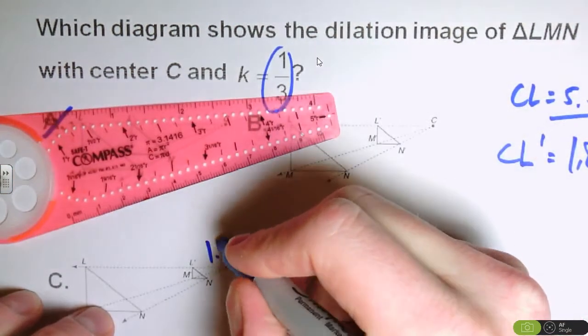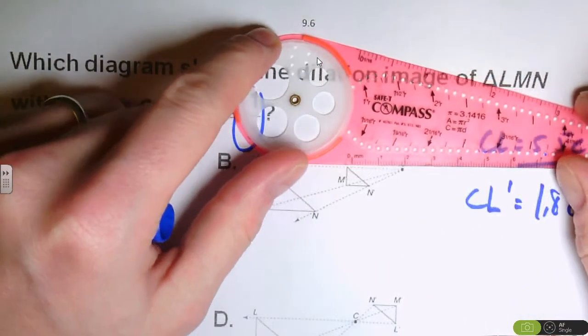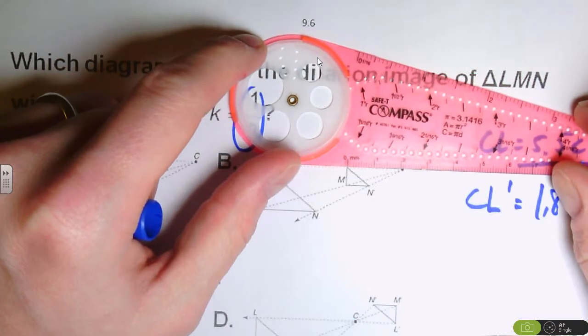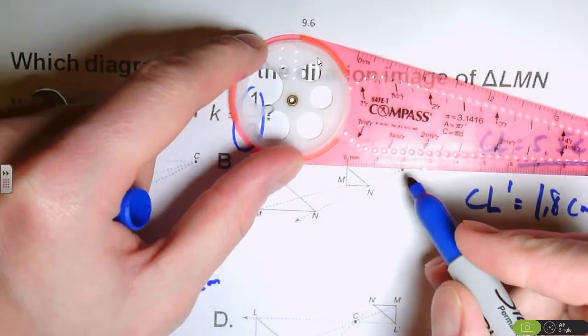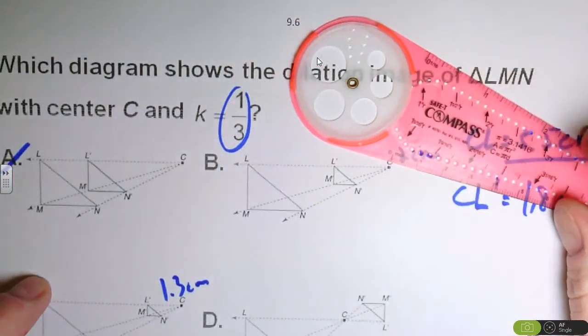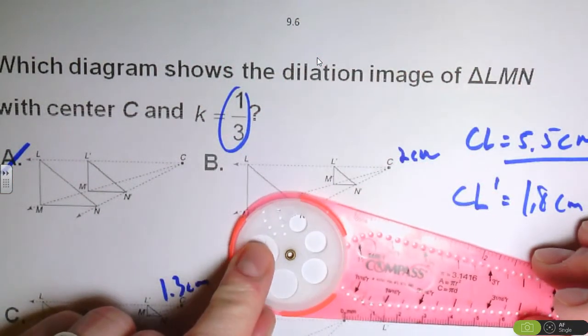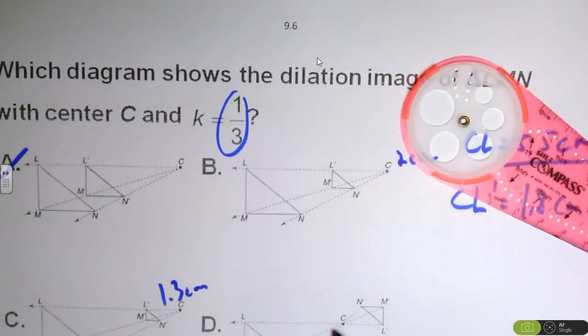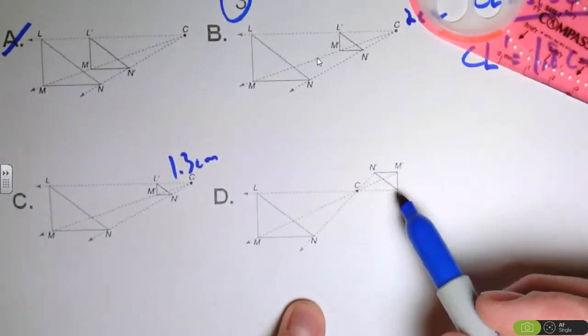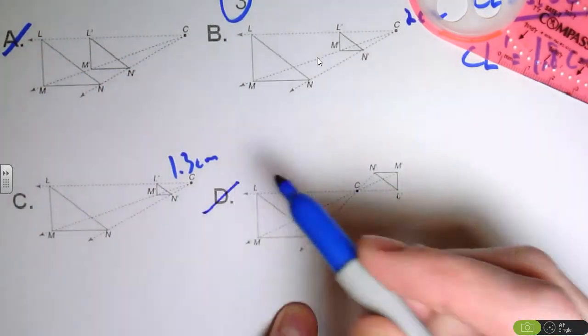So 1.3 centimeters. B prime, if I look at that one, is about 2 or so. It's like 2 or 2.1. Let's call it 2. And then out here, D is away from it and on the opposite side, so D instantly can't count.